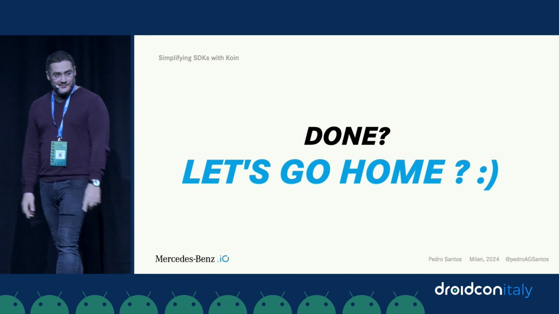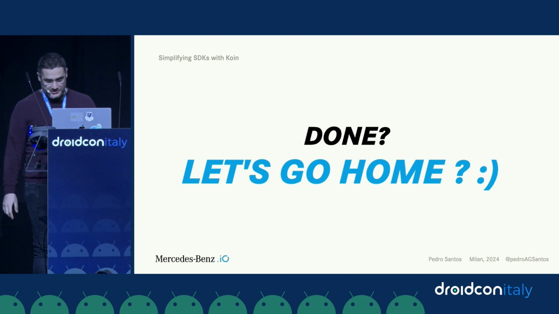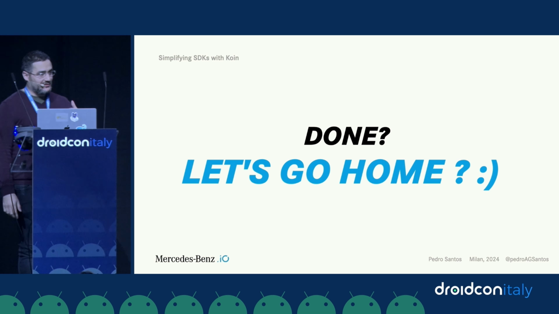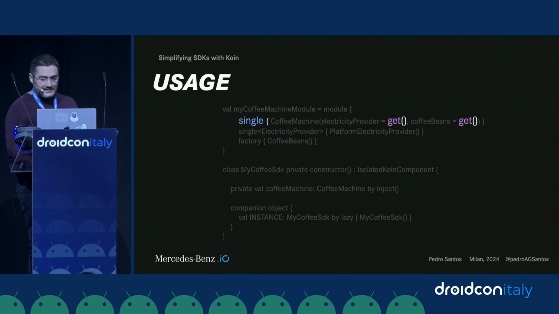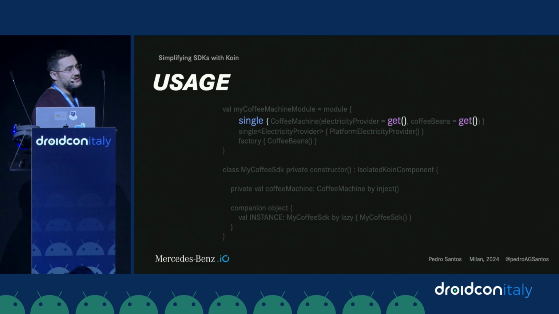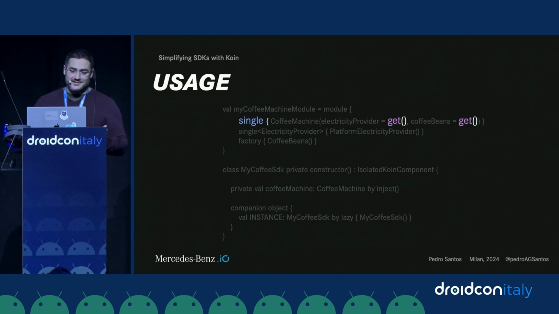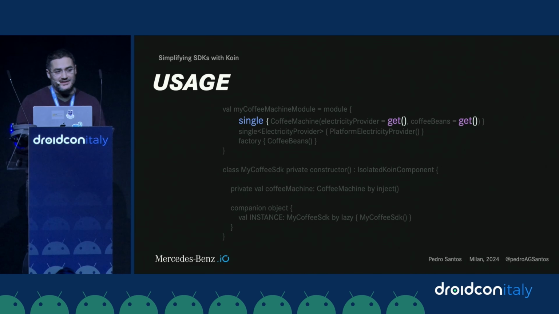Let's see if we can. We are very much in terms of excellence, right? So we want more. We want to do this even better. So when you look at this singleton, you see that it has some gets there. It's trying to get the coffee machine with electricity provider and the coffee beans.